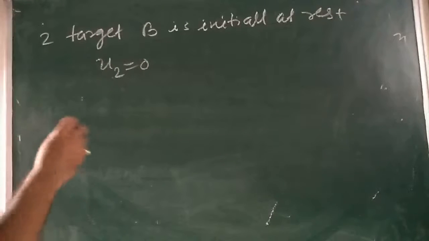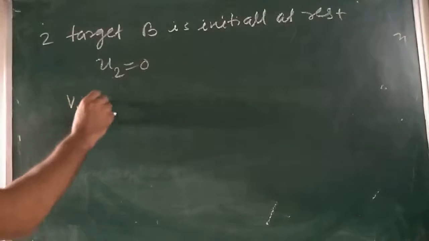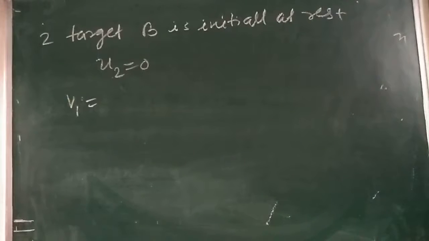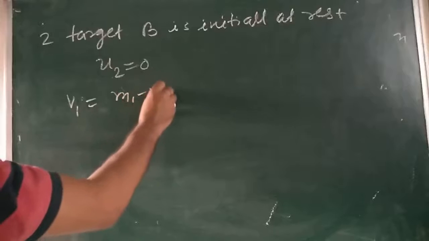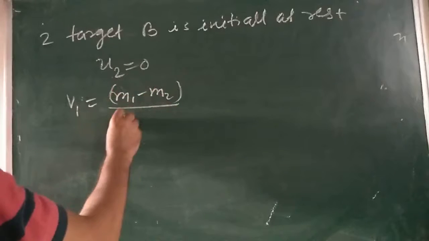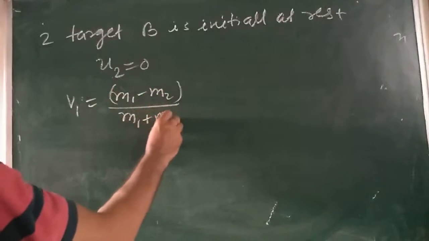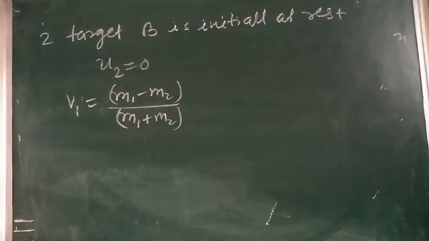Then again see our equation number 1 of v1. Put there u2 is equal to 0. So you will get only m1 minus m2 divided by m1 plus m2 into u1.